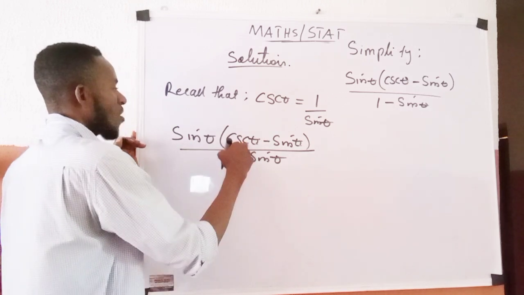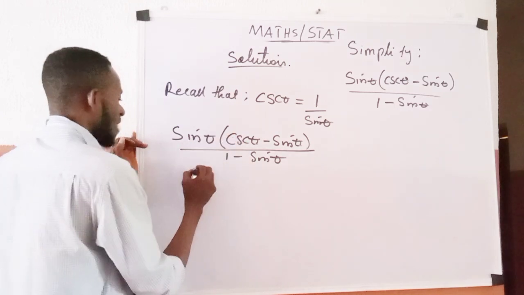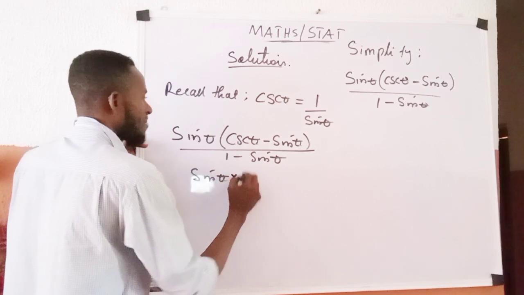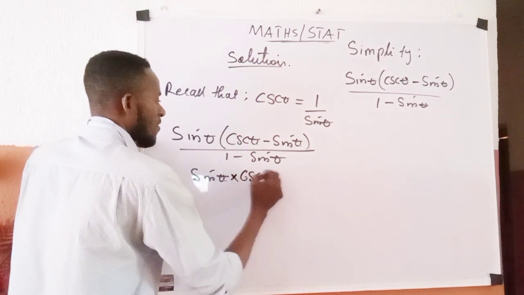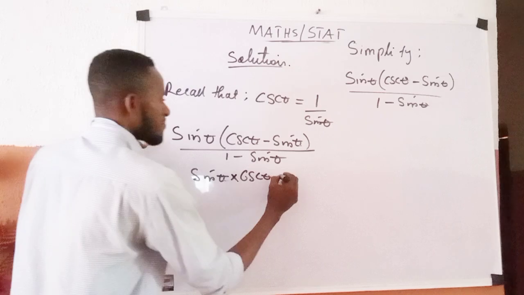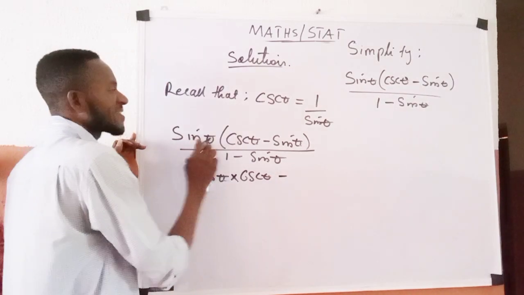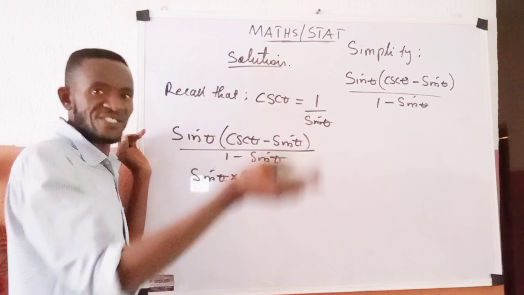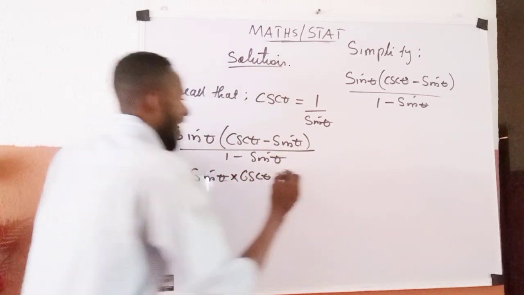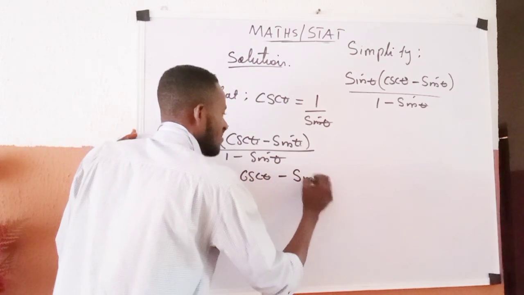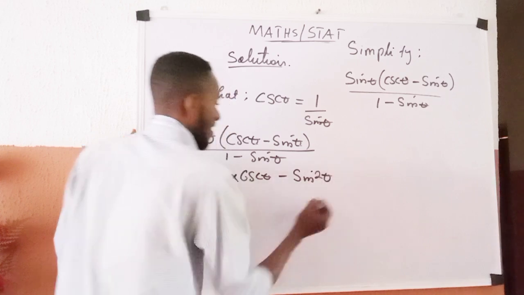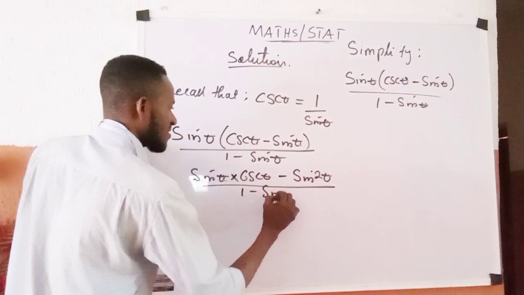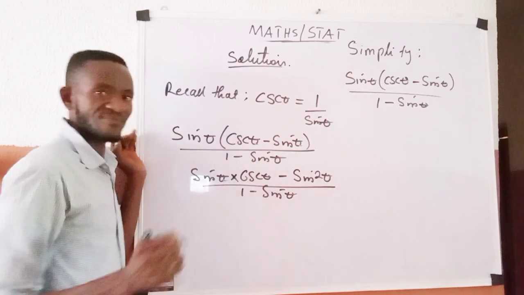Then this sine theta coming in here will multiply CSC of theta, minus this sine theta multiplying sine theta, which gives us sine squared theta, all over 1 minus sine theta.